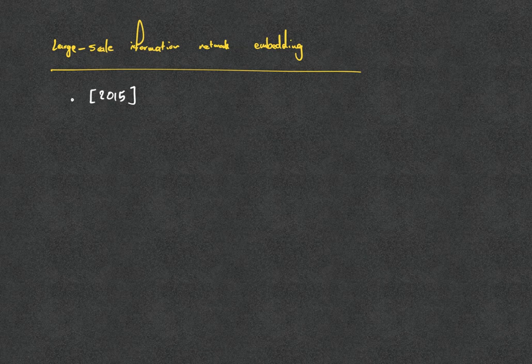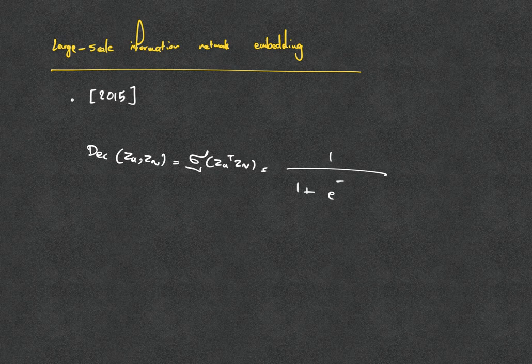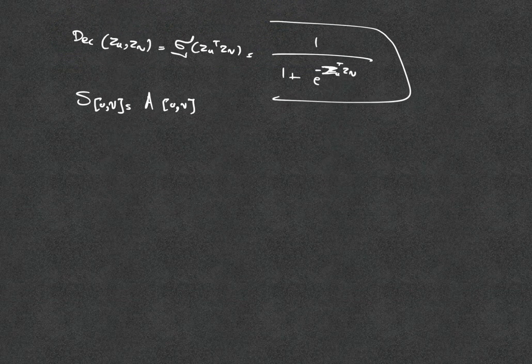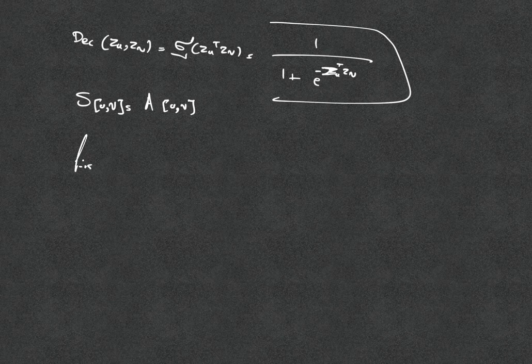The first one has this decoder, this being the sigmoid function, meaning that you have 1 plus 1. So this is going to be used in order to approximate this measure of similarity, the same as the adjacency matrix. So this is the first scheme and is a first order hop approximation.